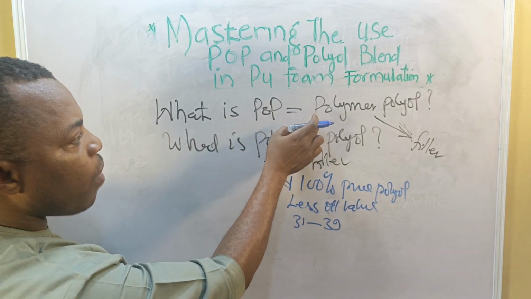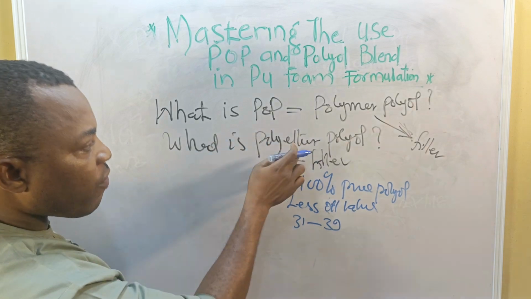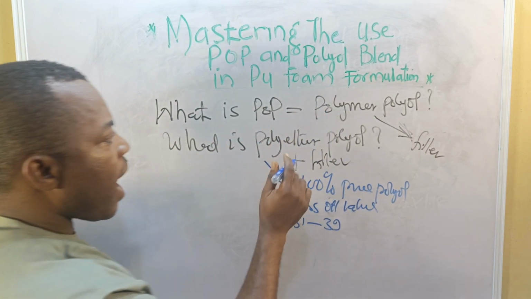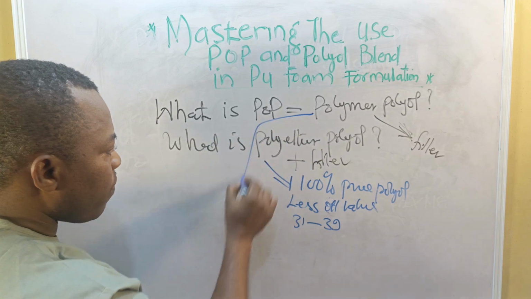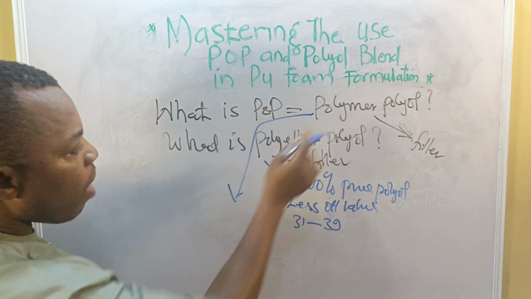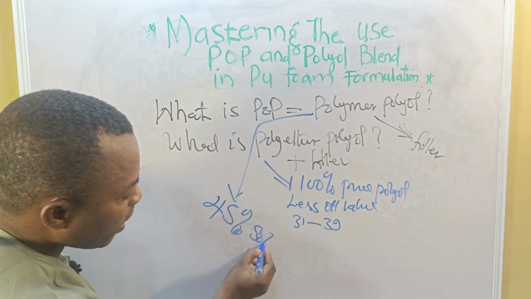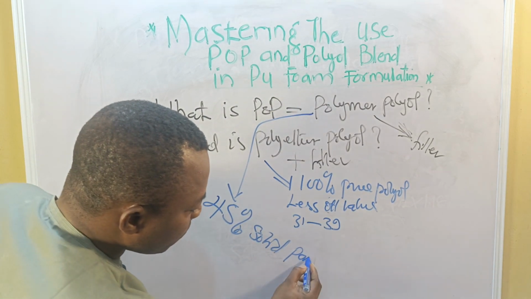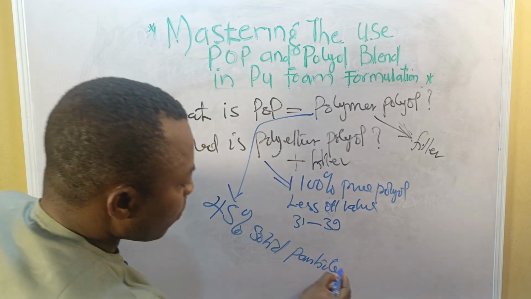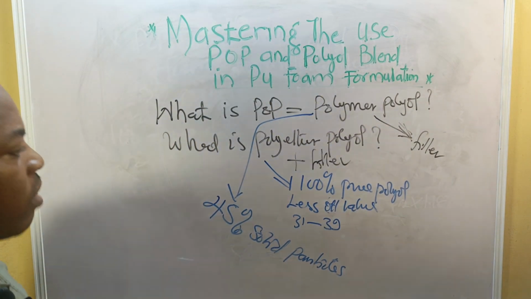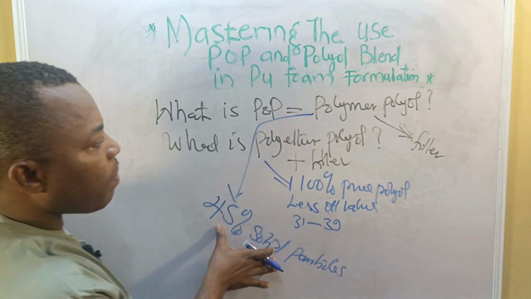But the chemistry of POP is different from this one. Looking at POP here, you find out that POP has about 45% solid particle. And what does this solid particle do?